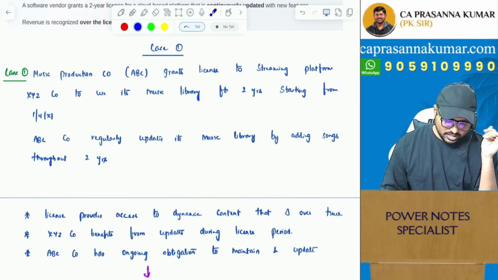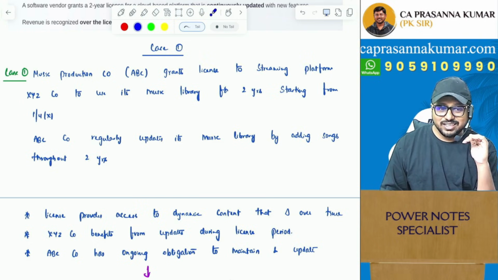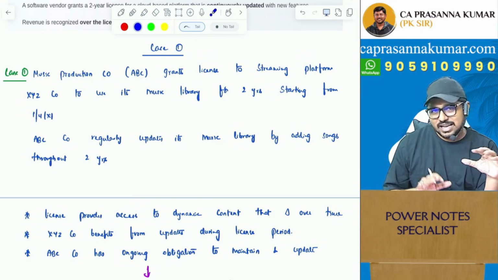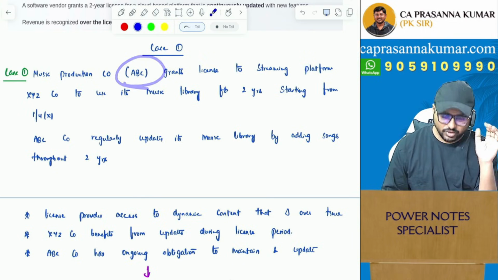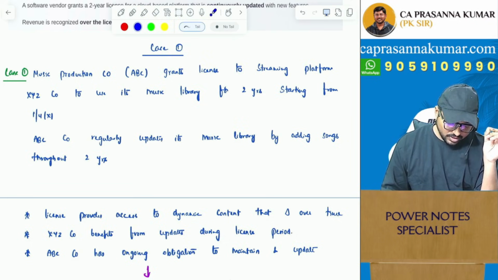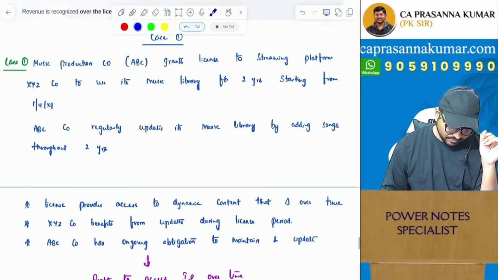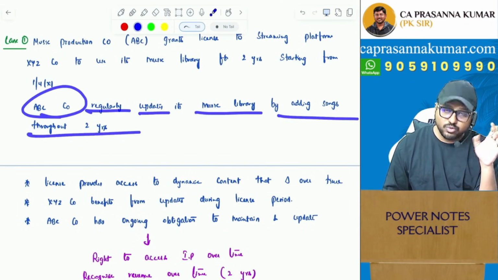What you need to understand here is that whatever is there in the music library as of now, plus whatever gets newly uploaded in the next 2 years, plus any other changes, everything can be enjoyed by XYZ, because ABC is the company granting the license to XYZ company. So, ABC company regularly updates its music library by adding songs throughout 2 years.